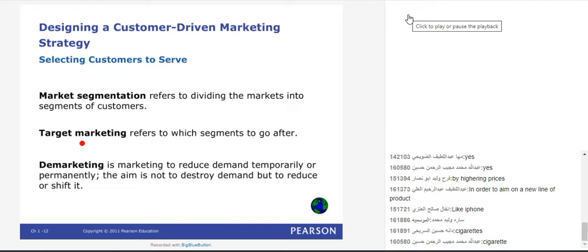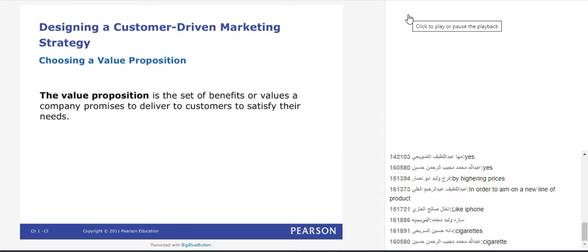We are raising the price for these products in order to tell people to ease consumption on these. So yes, these are examples of demarketing.